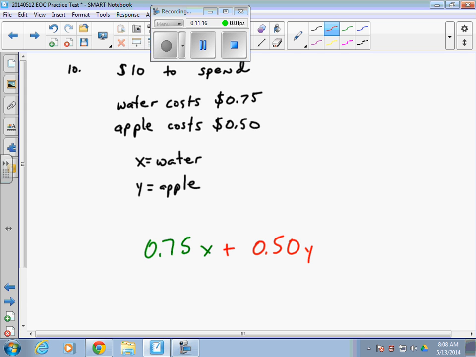We have an unknown amount in X and Y, an unknown amount of apples and waters. But we know that when you put those two together, it has to be $10 or below, because all he has is $10 to spend. So it has to say less than or equal to $10. 0.75x plus 0.50y is less than or equal to 10.